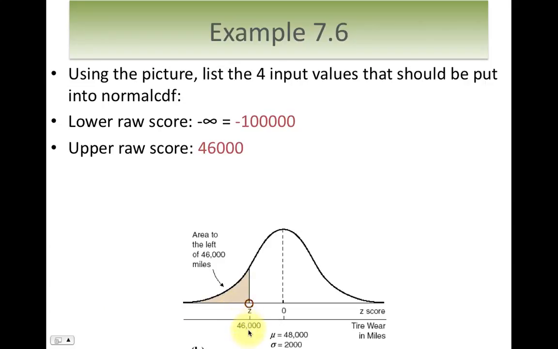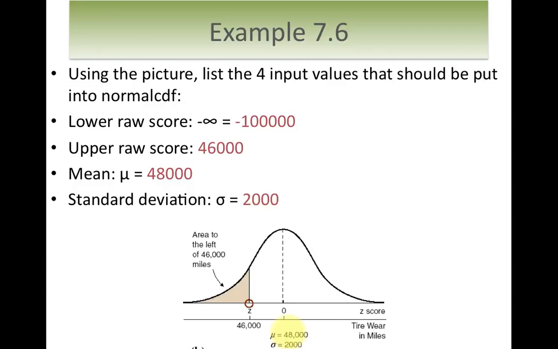On the right, the upper is going to represent the upper raw score. That's going to be 46,000. The mean is 48,000, and the standard deviation is 2,000. Those pieces of information, 48,000 and 2,000, need to be provided to you before beginning the problem.